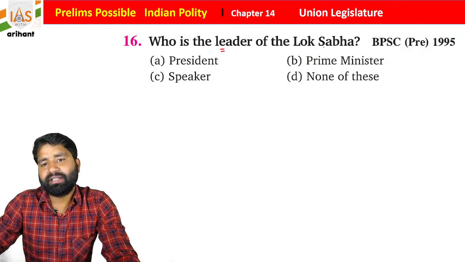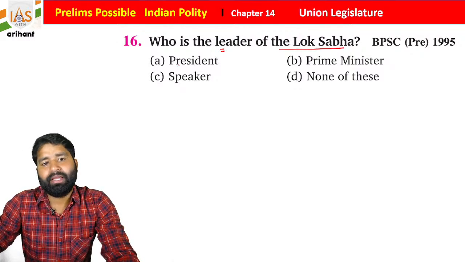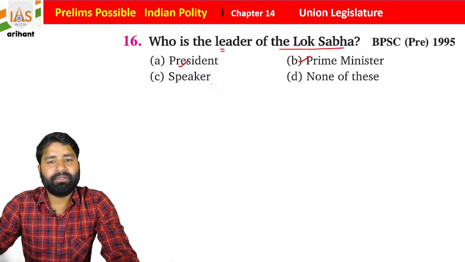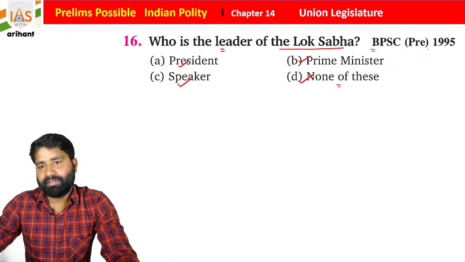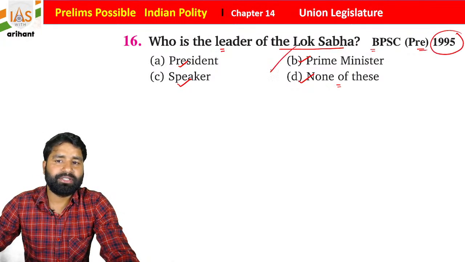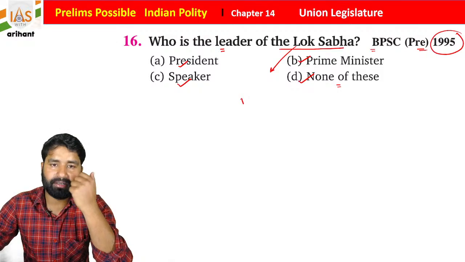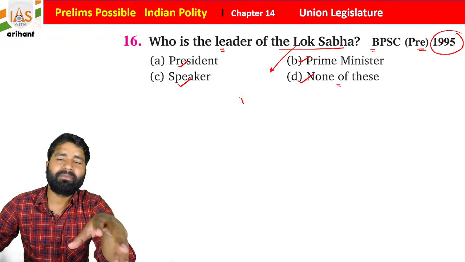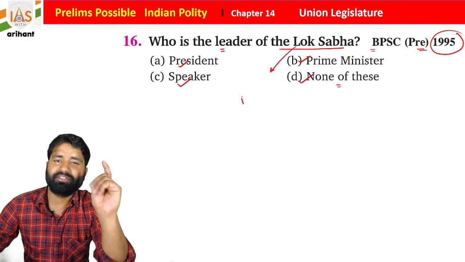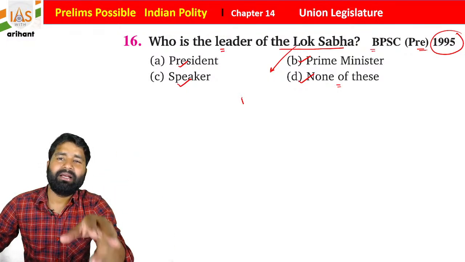Who is the leader of Lok Sabha? Is it the President, Prime Minister, Speaker, or none of the above? It was a Bihar PSC 1995 question. Students, the President is not part of the Lok Sabha; he is part of Parliament. The Speaker is part of the Lok Sabha, but he is not the leader.